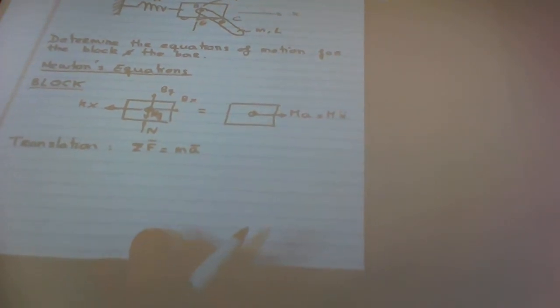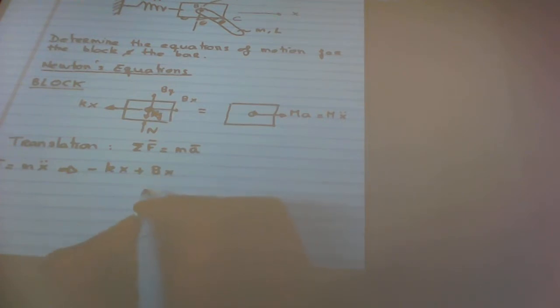All right? So over here, we write down then the summation of forces. Let's do X direction. So what would be that equation over here? We have minus kx, this one here, plus Bx will be equal to M x double dot.